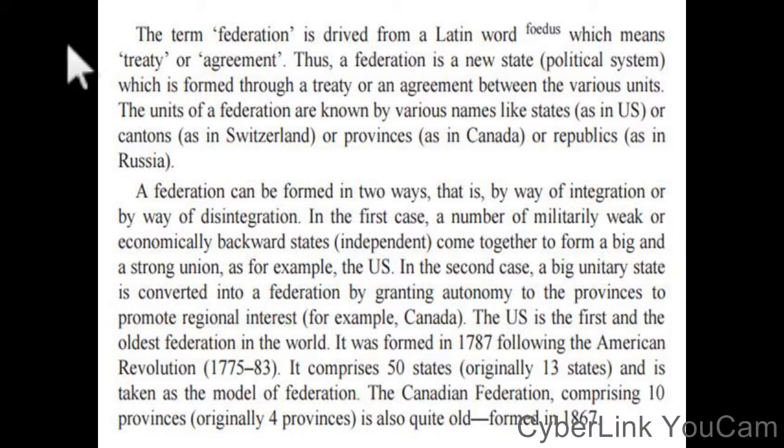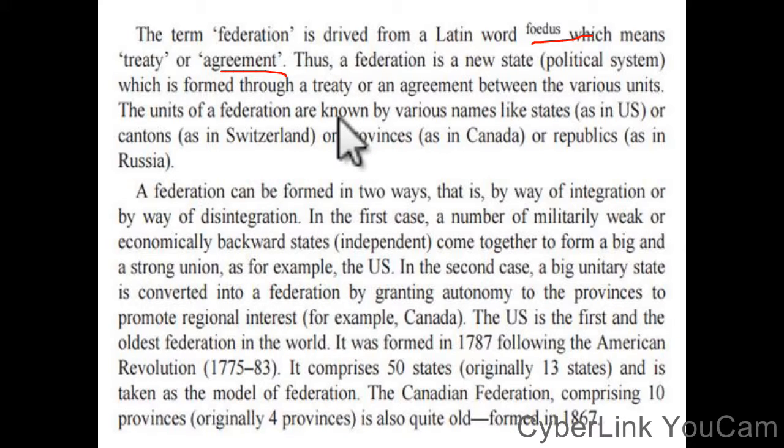The term federation is derived from the Latin word foedus, which means treaty or agreement. Thus, a federation is a new state political system formed through a treaty or an agreement between various units.